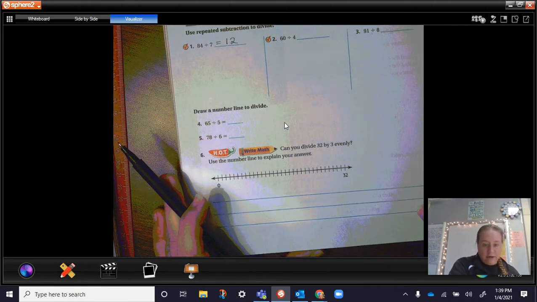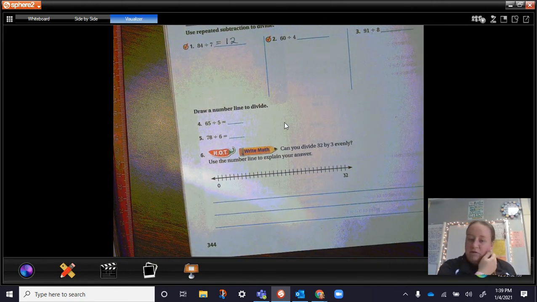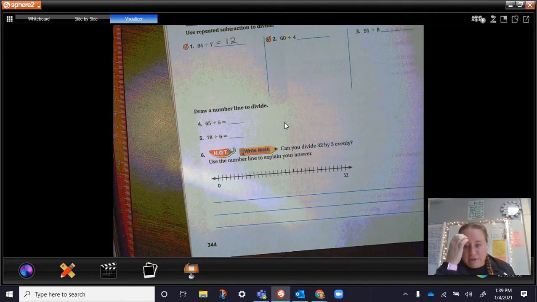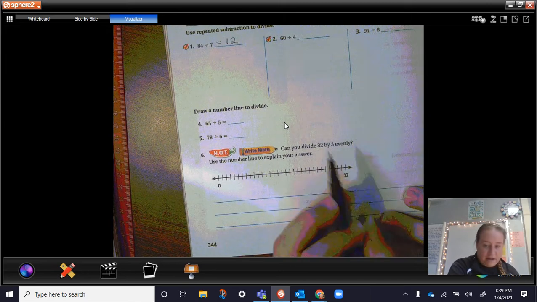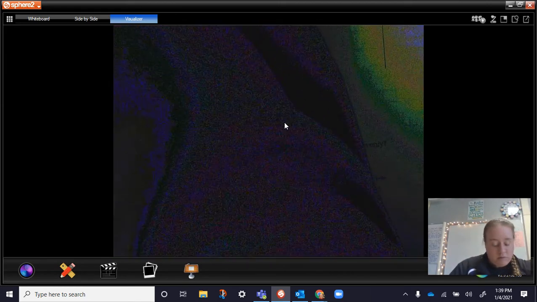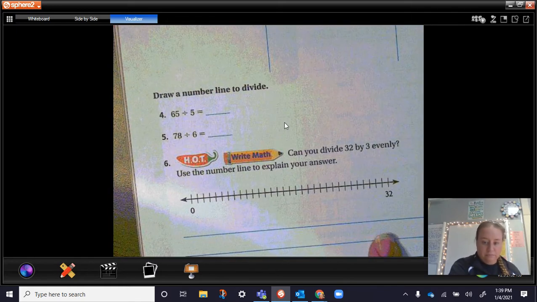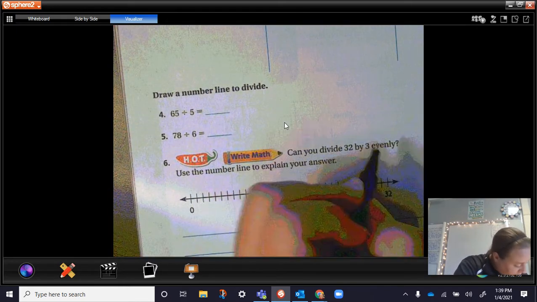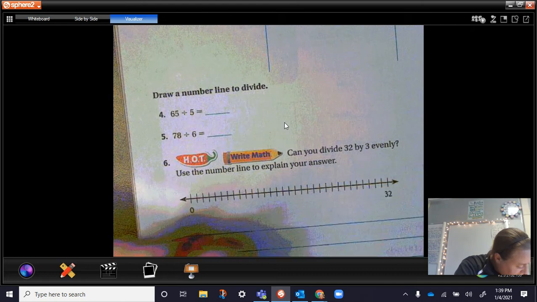Then on the bottom here, number 6, it says, can you divide 32 by 3 evenly? And explain your answer. So here, if I'm at 32, let me zoom this in again. So if I'm at 32 and I'm dividing by 3, I'm going to go back 3 places.